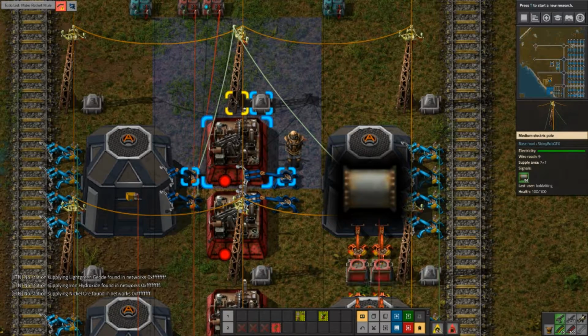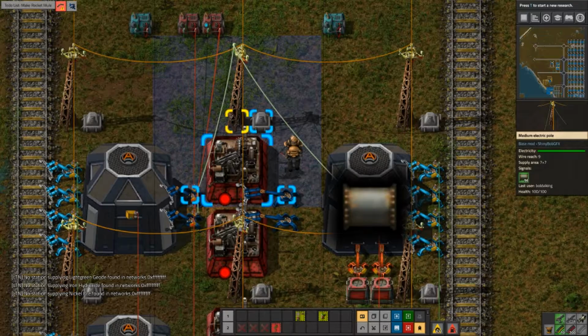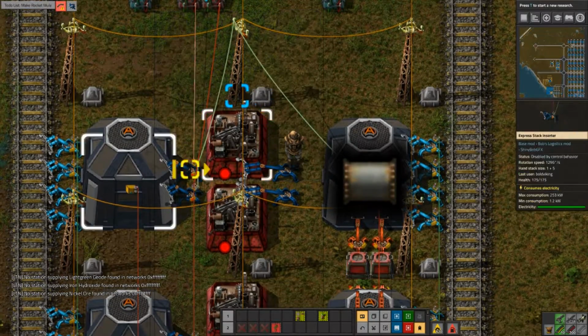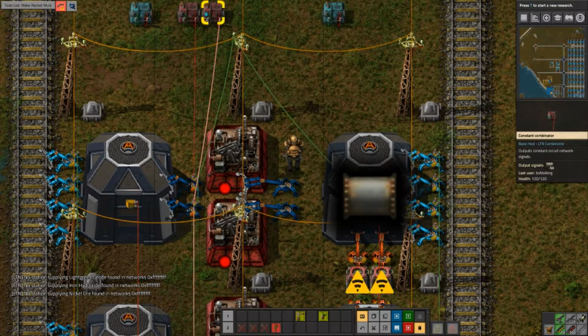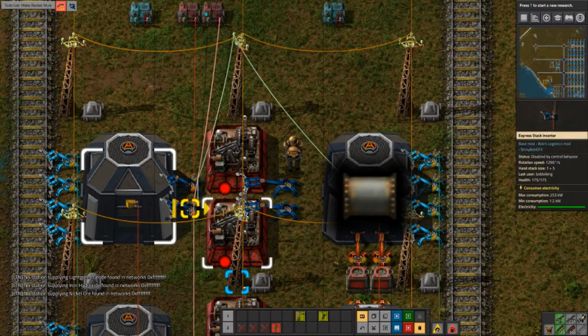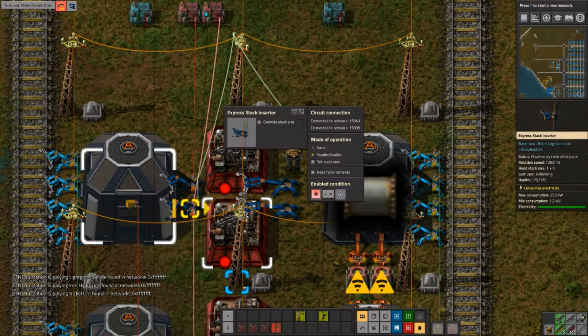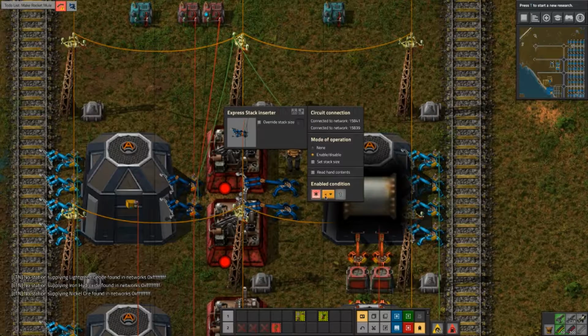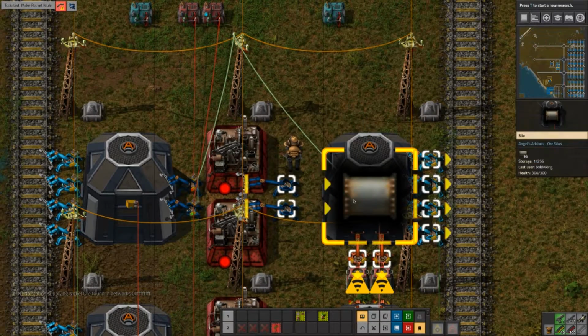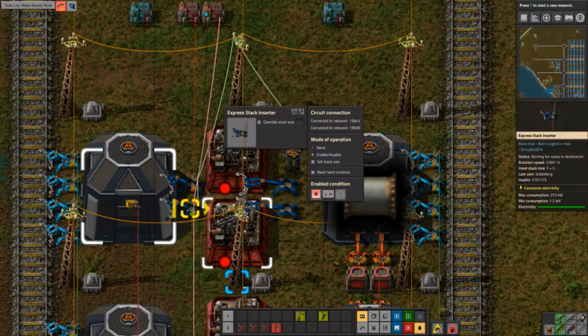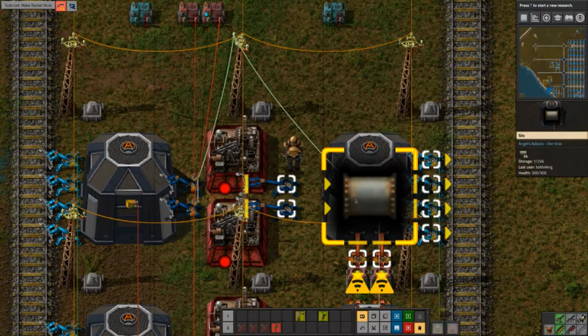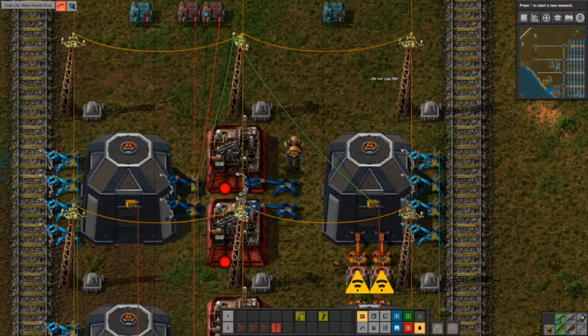So the green signal is sending in 96, and the red signal is sending out minus 50. Actually, this is correct. I pull you out, both activate.